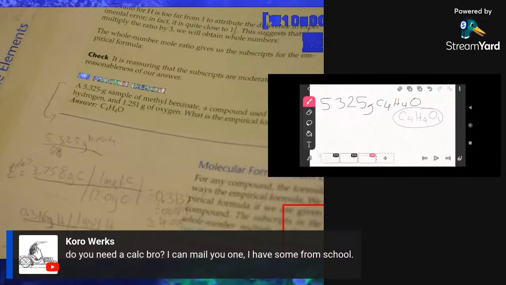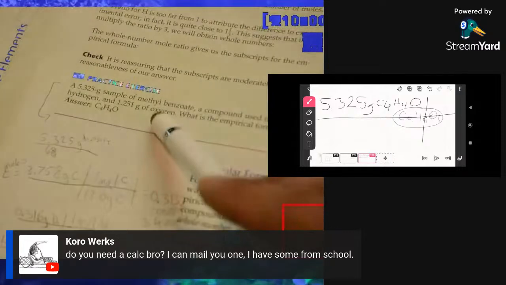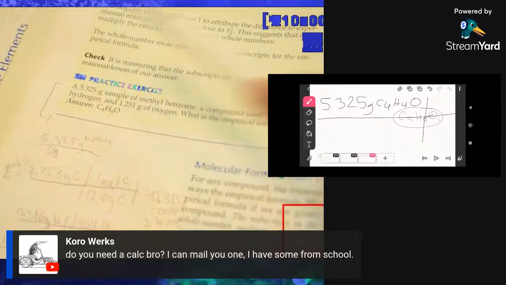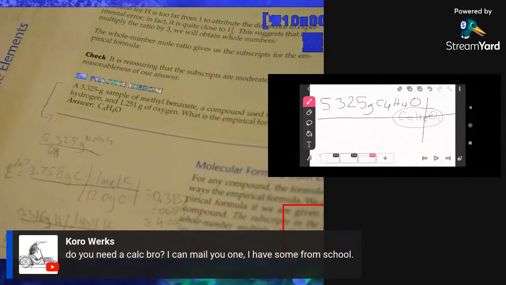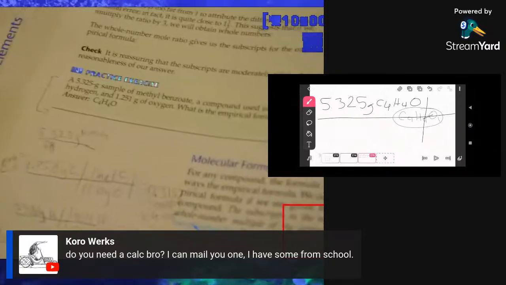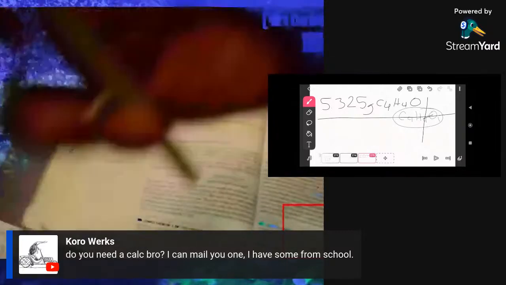So now you could go from moles to whatever you want. But that initial amount is just there to confuse you. You don't need it. That's why I say write down all the numbers, see what you really need, and discard what you don't, because they will mess you up like that.